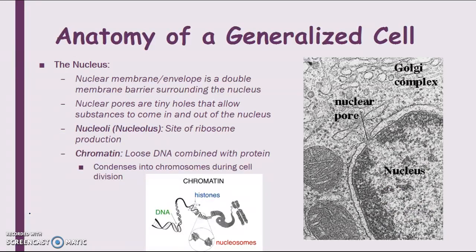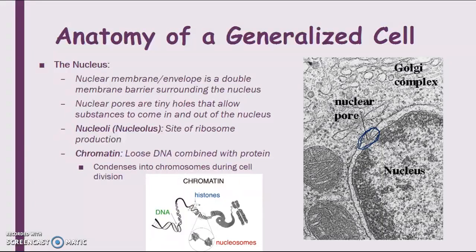So surrounding the nucleus, you have the nuclear membrane or nuclear envelope. And within this nuclear membrane, you have tiny little pores that allow substances to come in and out of the cell. If you look at our picture here, there's a nuclear pore. It's a little hole within this nuclear membrane. So we have things like RNA entering and exiting. We also have ribosomes entering and exiting.